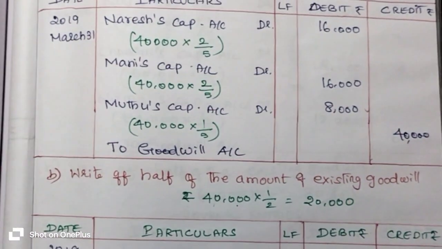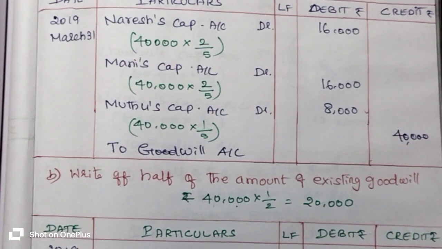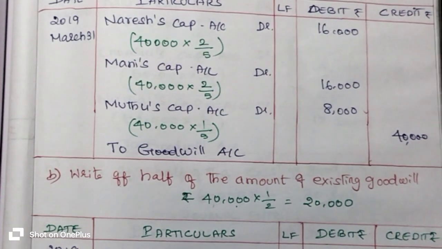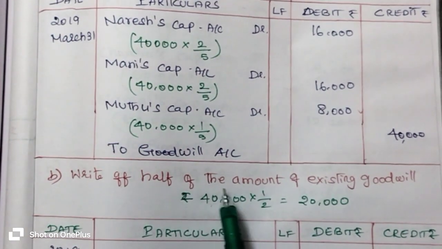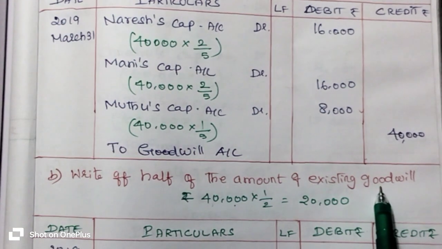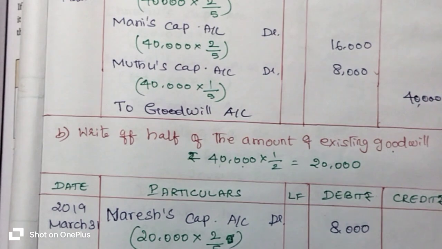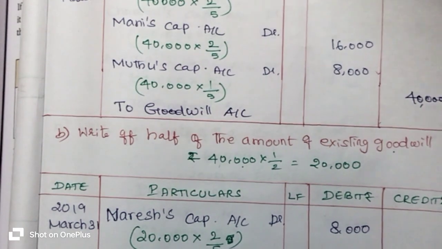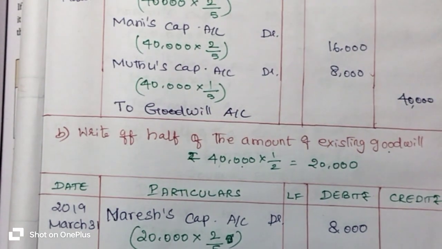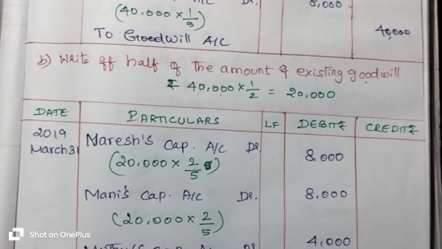So what is the journal entry of the second method? We write off half of the amount of the existing goodwill, which is transferred to all partners' capital accounts, to goodwill account. So all partners' capital accounts debit to goodwill account.